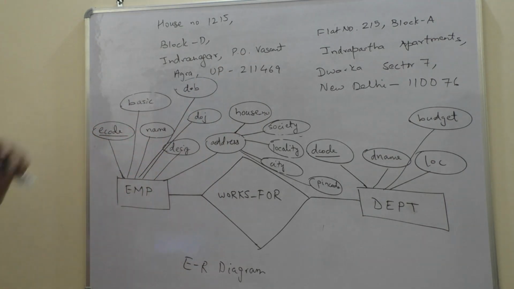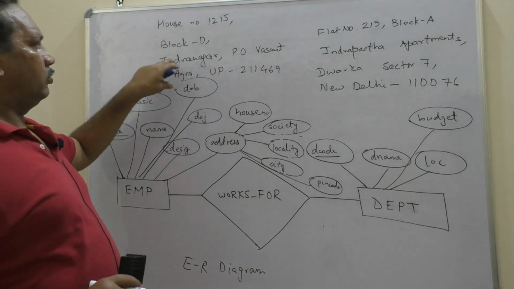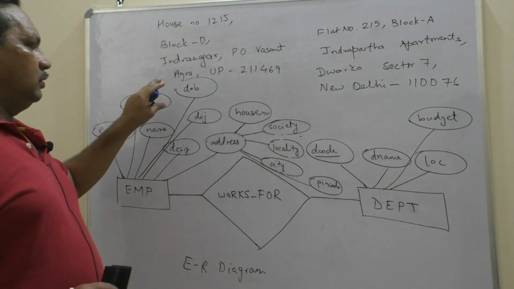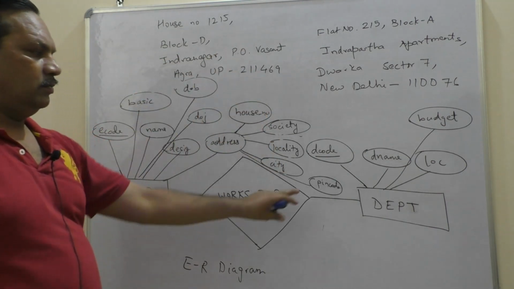Are you getting it? So see, this is the house number, this is the society, this is the locality, this is the city, and this is the pin code.